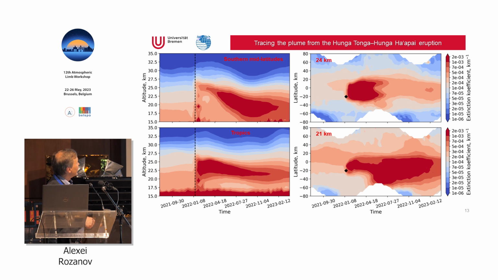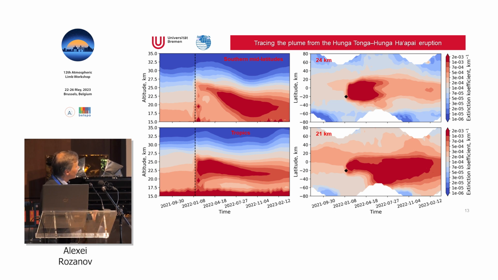The dashed black line shows the largest Hunga Tonga eruption, which was on the 15th of January 2022. We see an immediate jump of the extinction after the eruption, and the perturbation is visible even by eye up to 33 kilometers.